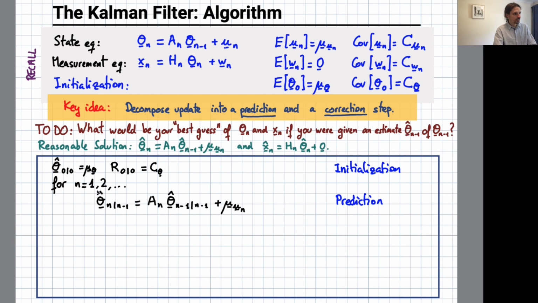Note that this is the LMMSE estimate of the current state given the past data, right? So although at this point we have already received xn, we are not going to use it. We just put it aside, and we first try to guess what will be the current state.